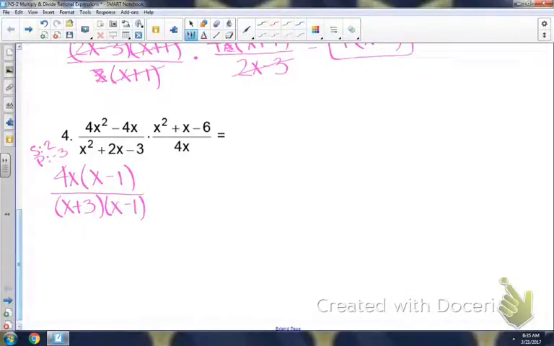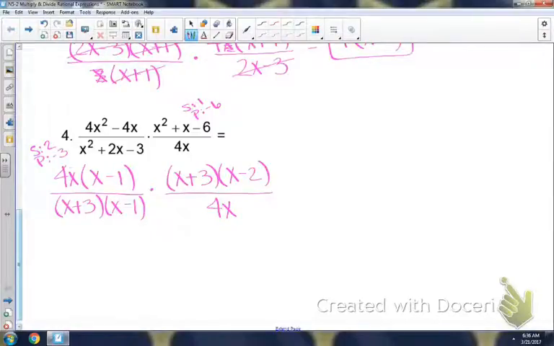You don't have to use the swing method there because the coefficient of x squared is 1. Looking at the second fraction, sum is 1, product is negative 6, so that would be a positive 3 and a negative 2. And then the denominator, we just have a 4x. So we can't factor that.